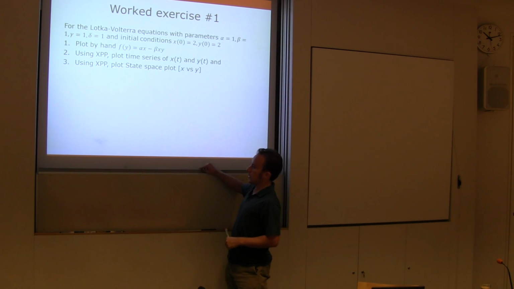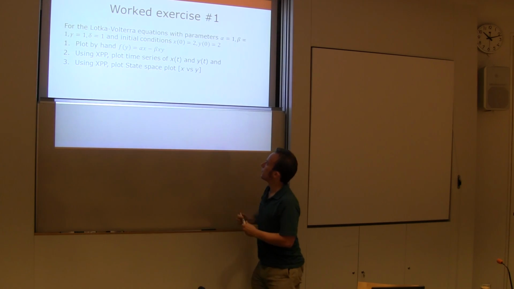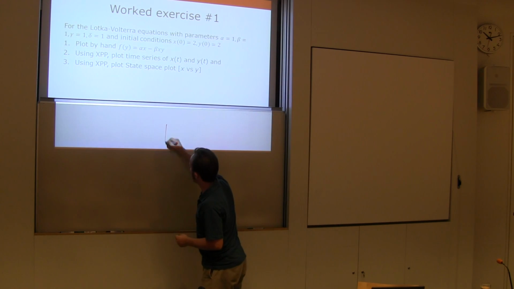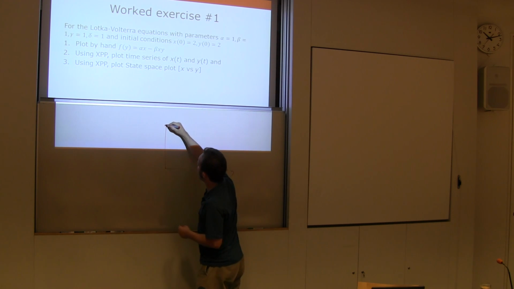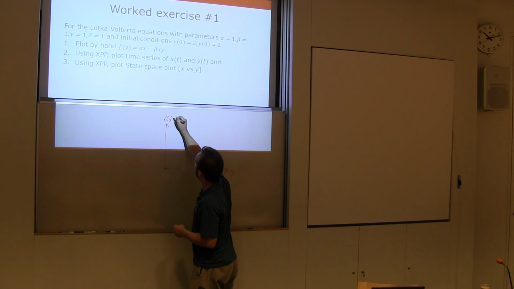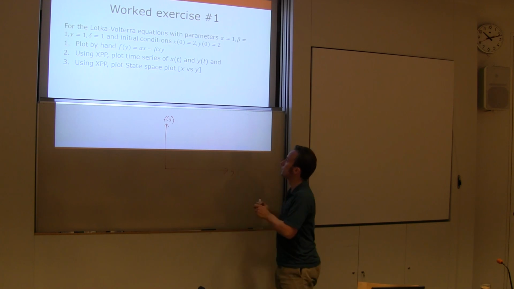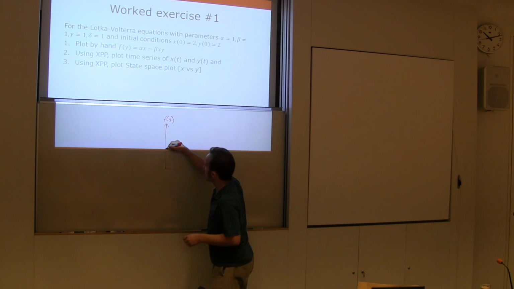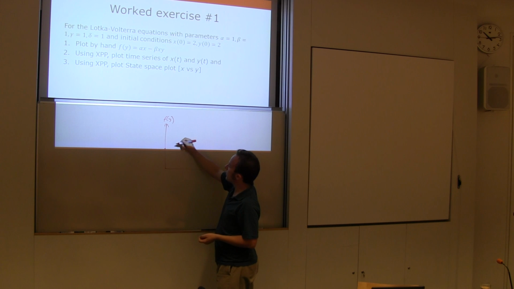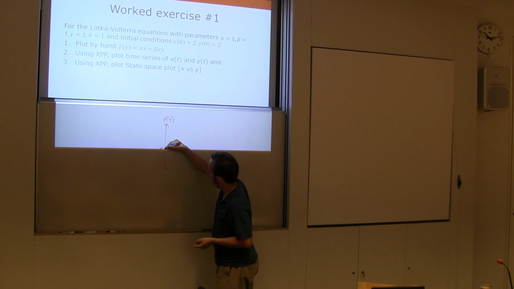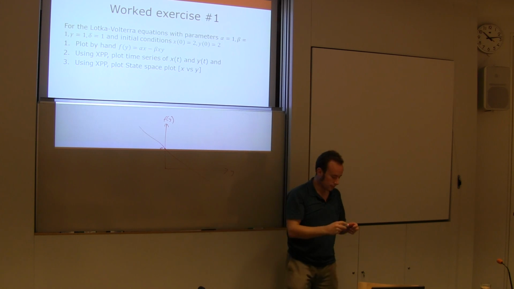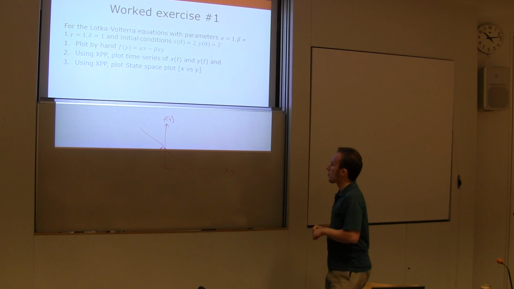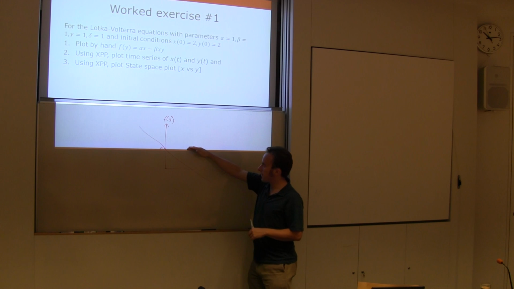So the first one is pretty straightforward. We want to plot, so the intercept here is going to be a x, and this goes down like that. So this is one plot we can make.